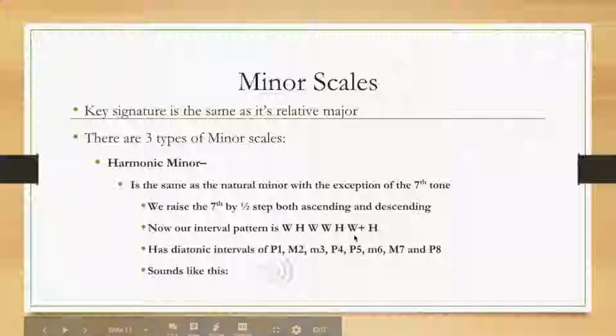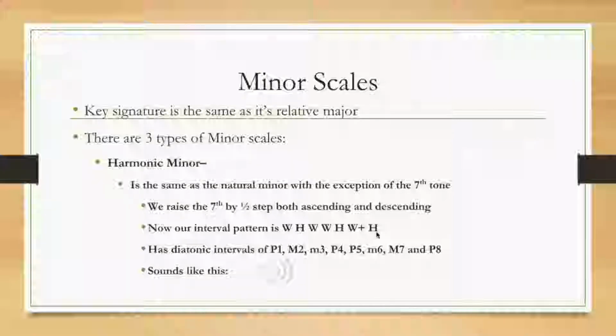So if I started a harmonic minor scale on an A, here's what the harmonic minor scale would sound like. The unique part of that was between scale tones 6 and 7, we actually skipped a step and a half.